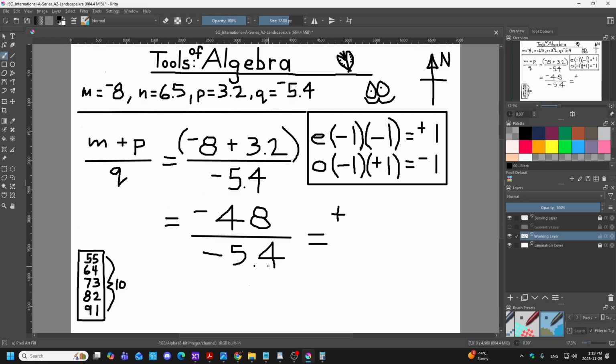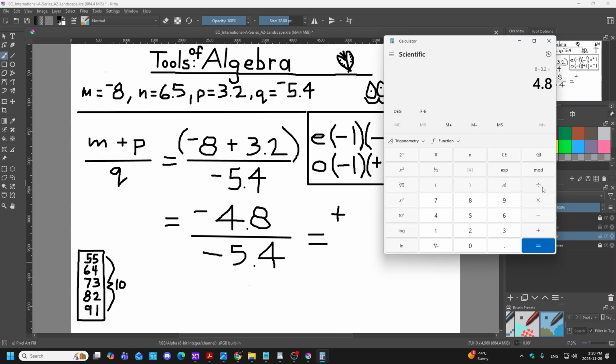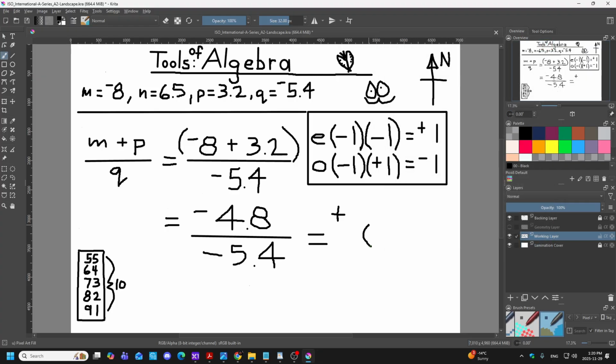Whoops, I forgot my decimal. Apologies. Negative 4.8 divided by 5.4. I know what my sign is going to be already, so I could just divide by 5.4, and I get 0.89 repeating. So essentially, I could just write 0.8, 9, and then use a line bar to show that it's repeating.